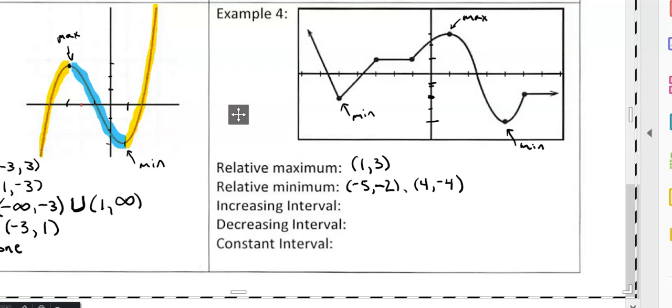Increasing interval, so there may be a number of these here. So let's first highlight those. This section here is going down, so that's decreasing. This section, it's increasing. This section, it's increasing. Over here, it's also increasing. So we have 3 sections there. And those sections would be from -5 to, it goes over 2 units, let's say -3.